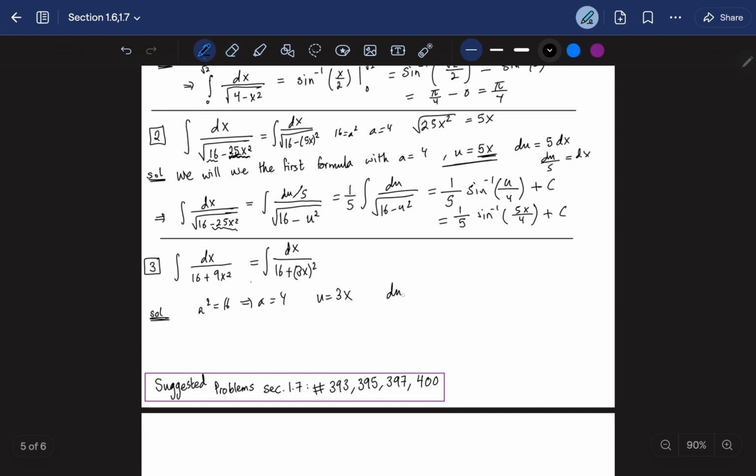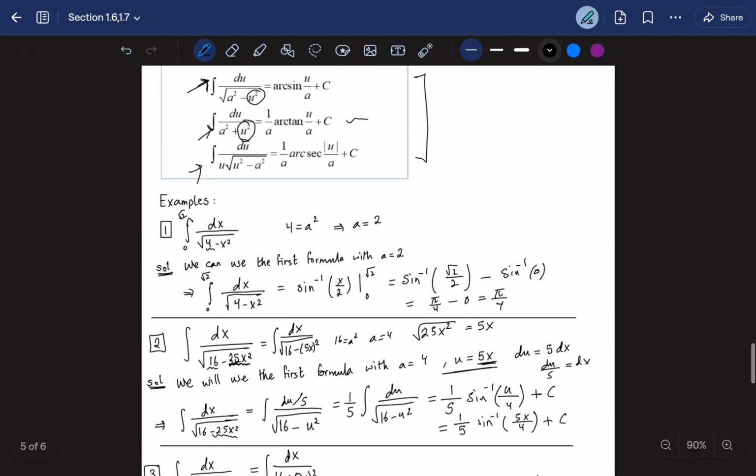So if I take du is equal to 3 dx, then du over 3 is just my dx. Plugging everything back in, now this is u squared. I can take the number out. And now if you look, I got the main form of this second formula.